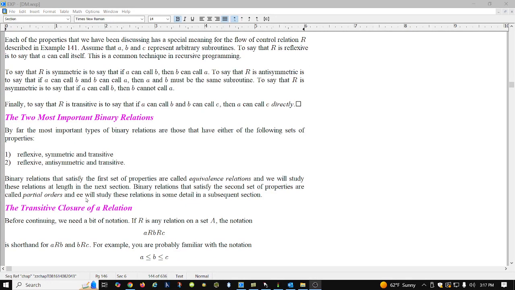The two most important types of binary relations by far are the ones that are reflexive, symmetric, and transitive, such as equality and congruence mod K, and also reflexive, anti-symmetric, and transitive, such as less than or equal to, or the subset relation.